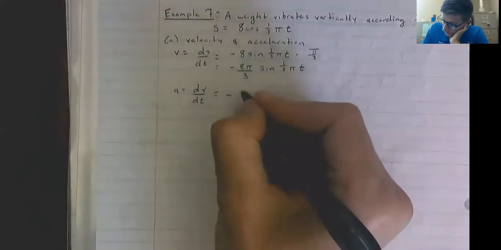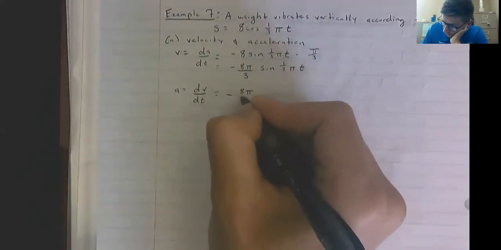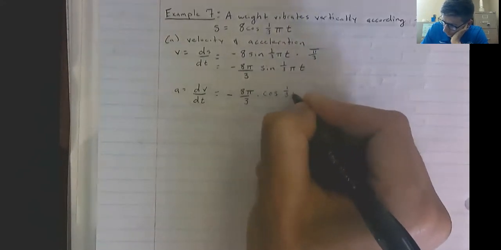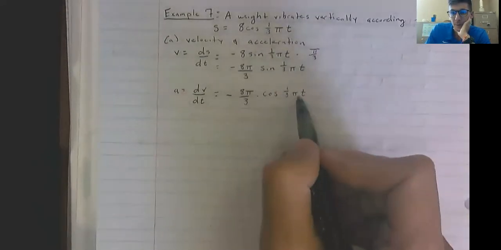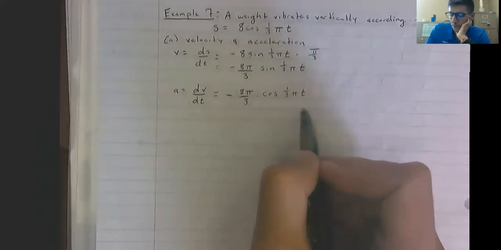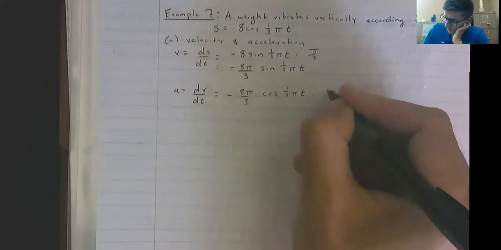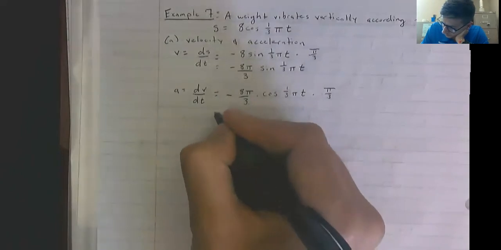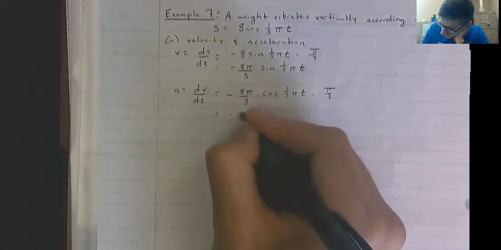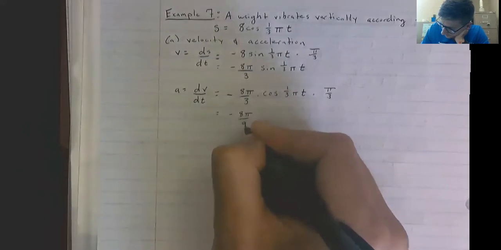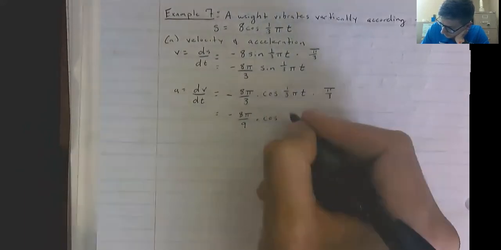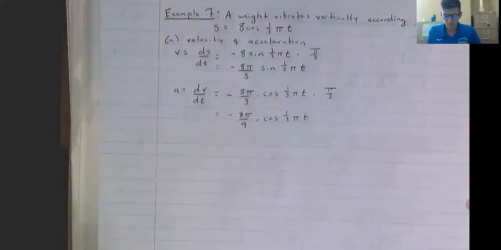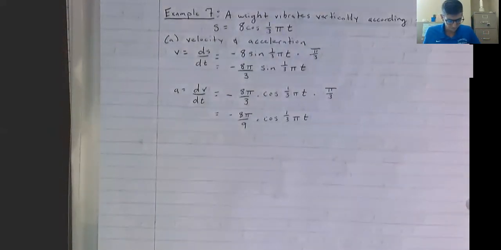We get negative 8 pi over 3 times the cosine of 1/3 pi t. But again, we need to chain rule this inner part. So what pops out is a pi over 3, which means that this derivative is equal to negative 8 pi over 9 times the cosine of 1/3 pi t. Cool.